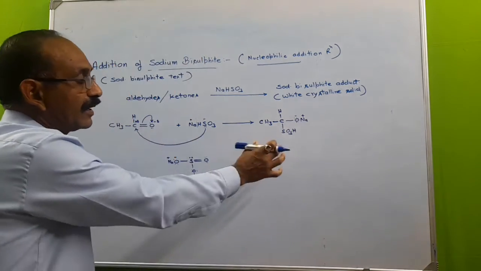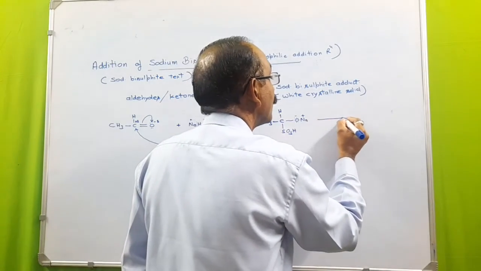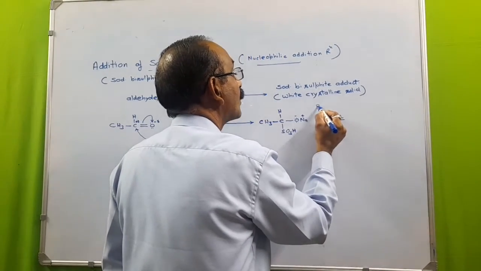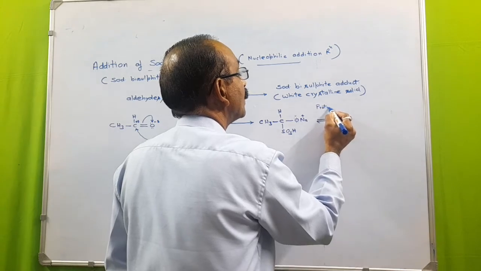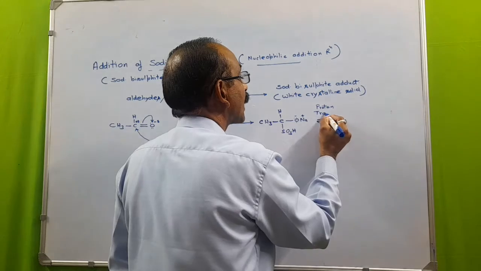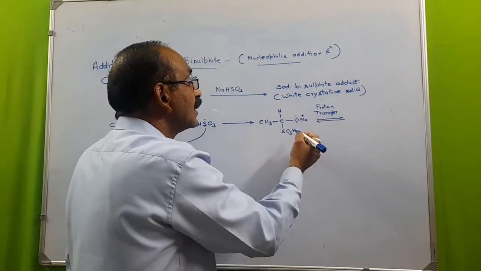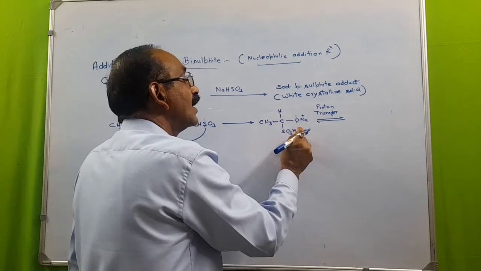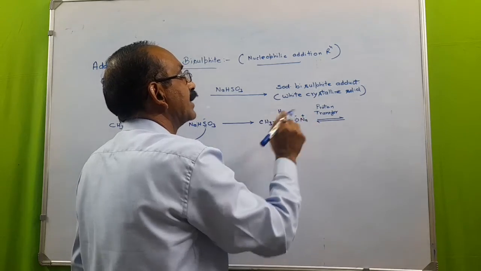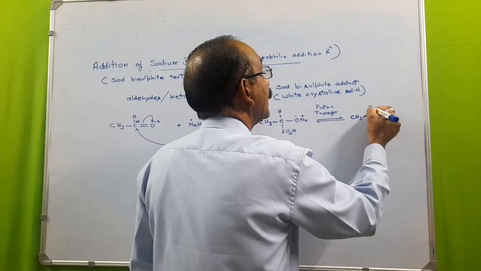We'll get this type of product. Now here, in order to get the more stable anion, proton transfer occurs. Means this proton exchanges its position with the sodium ion here, and we will get CH3CH.